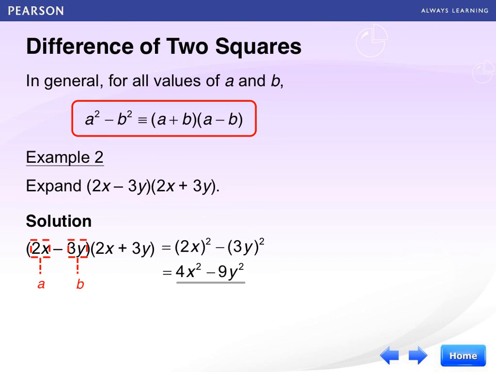And in this example, when I compare these two, you find that it's the a plus b, a minus b format, but this time a is replaced by 2x and b is replaced by 3y. So by the identity you can replace a with 2x and b with 3y, right? That means it becomes 2x squared minus 3y squared. As a result, it is 4x squared minus 9y squared.